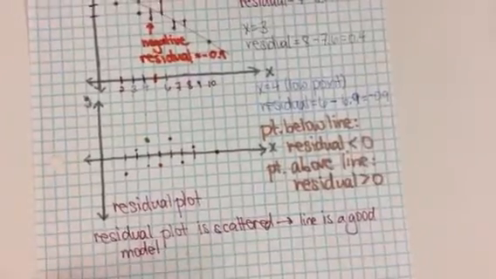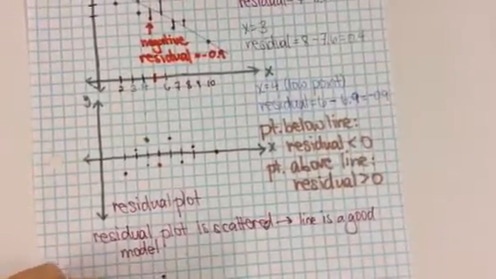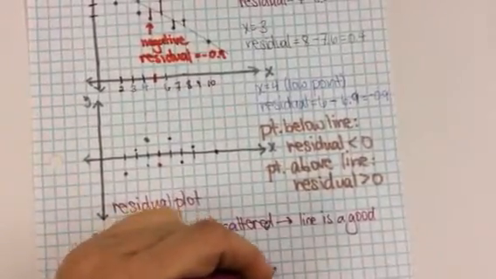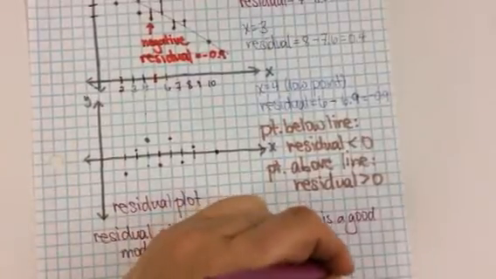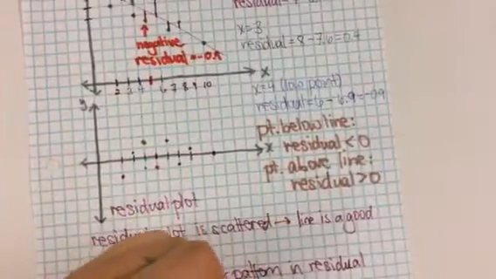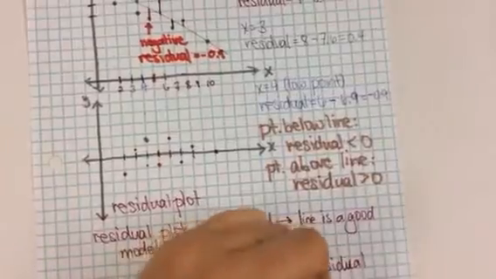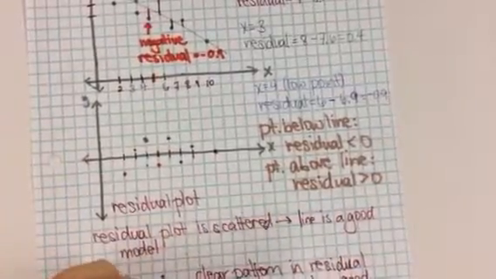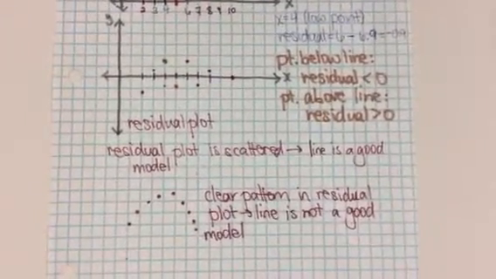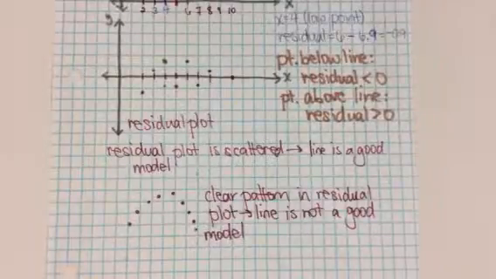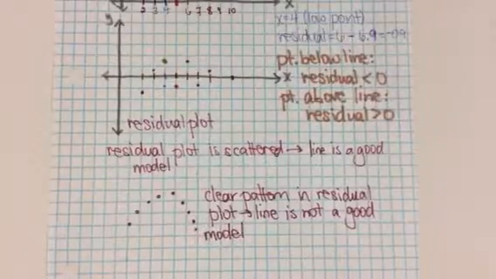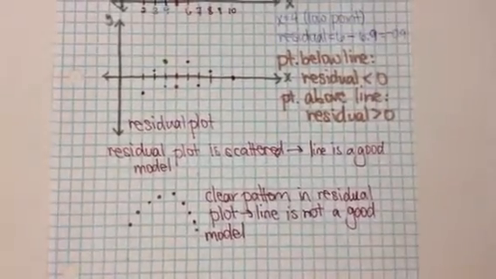What we're looking for is if there's some kind of really clear pattern in the residual plot, then a line is not a good model. If there's a clear pattern in the residual plot, then a line is not a good model. So I'm going to give you a second to copy that because I know it wasn't showing on the screen.